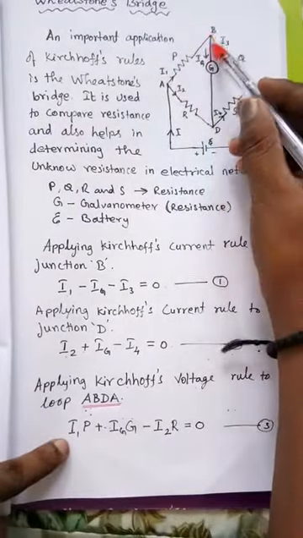In this loop A, B, D, A there is no battery, so it is 0. Take this as equation number 3.